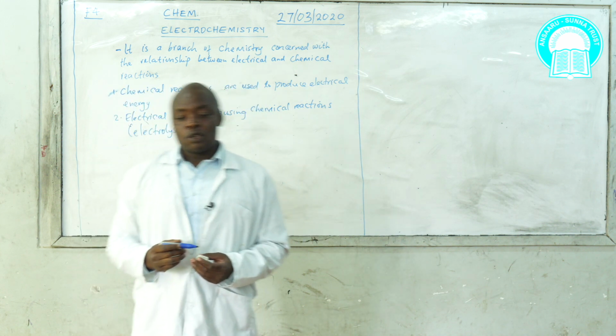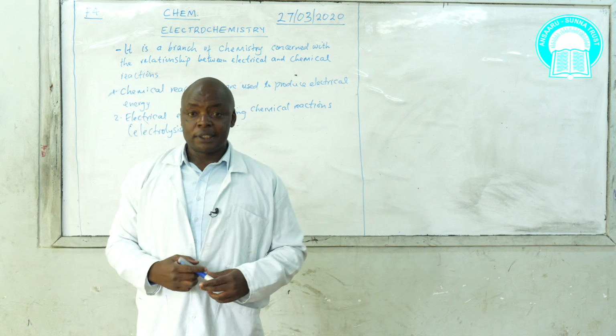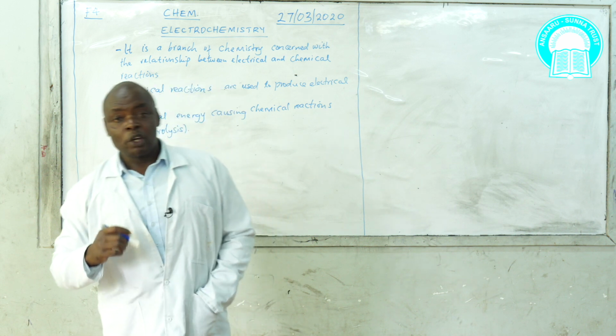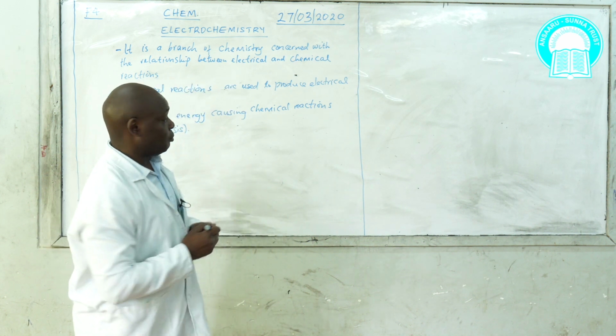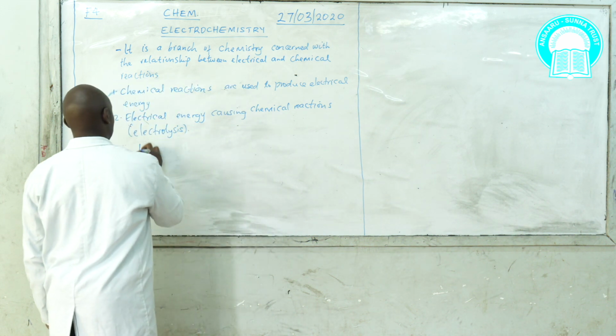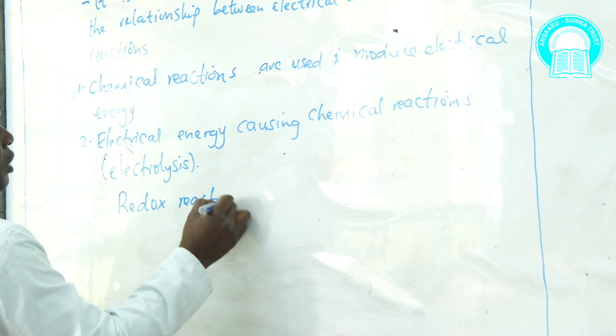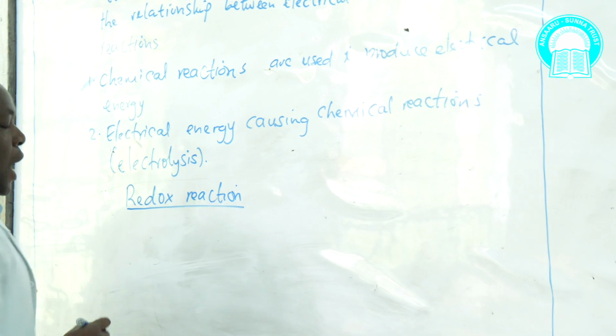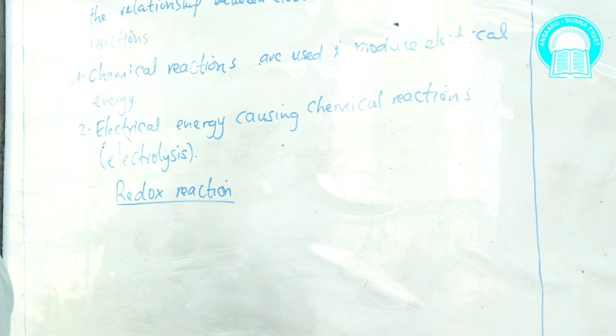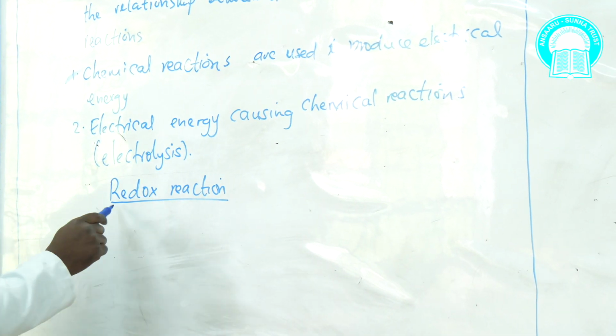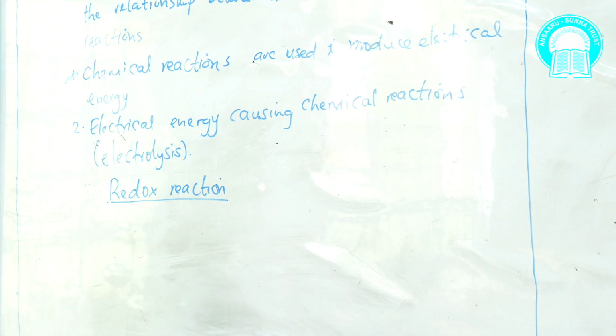So, to begin us off with this, we are going to look at what we call a redox reaction. As the name suggests, redox. Red is the short form of reduction.